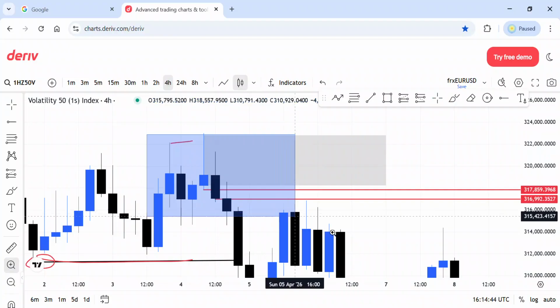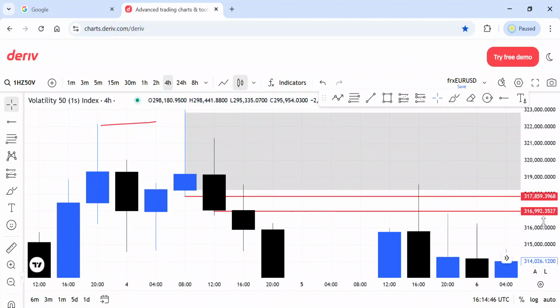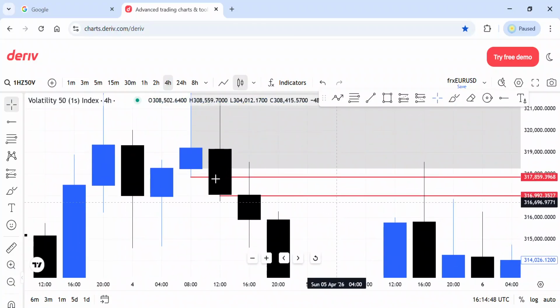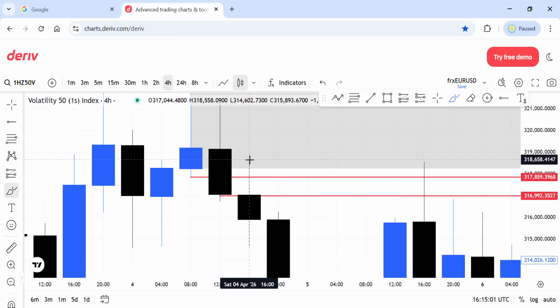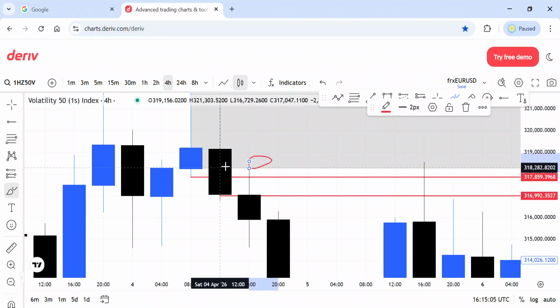If you have to watch this video like 10 times, you should watch it so you get it. So there is a fair value gap within this high here and the close of these bearish candlesticks. First thing first, these candlesticks here had already mitigated the fair value gap.